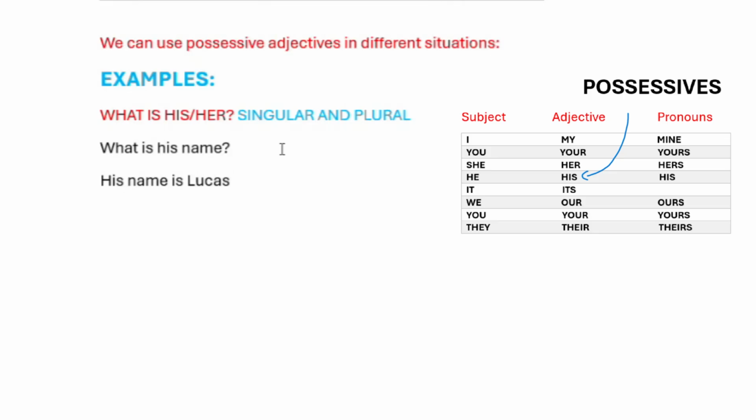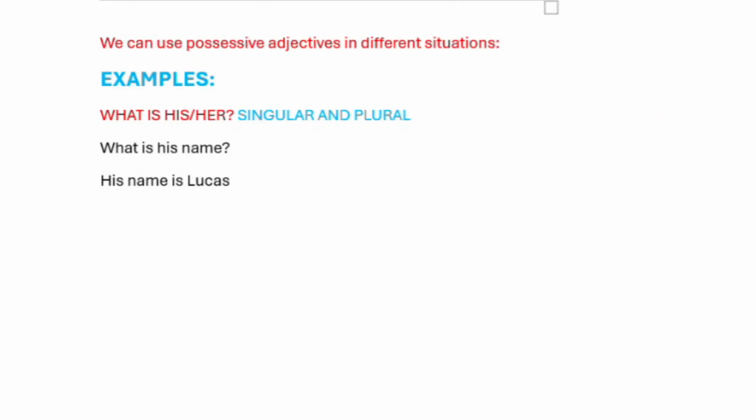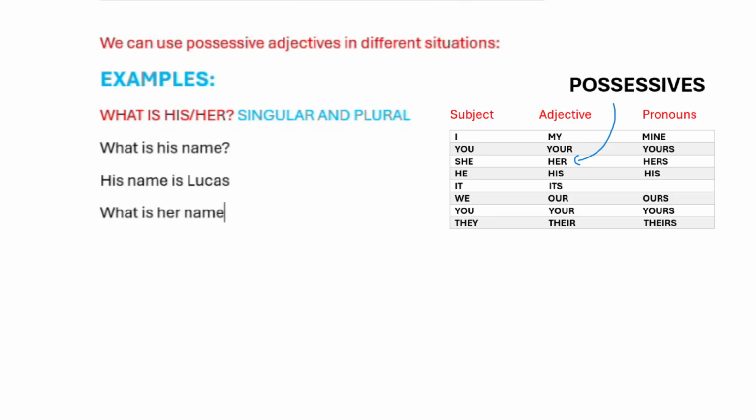Okay, we can choose she. In this case, the possessive adjective, her. What is her name? In this case, imagine we are talking about a woman, and I need to know her name. I ask the question, what is her name?